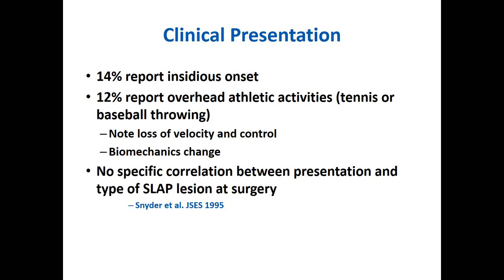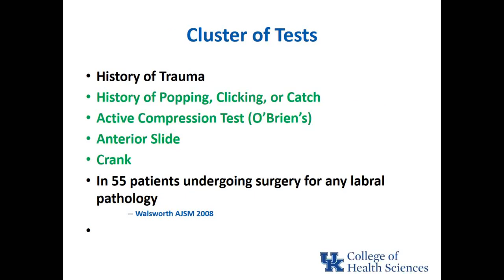So as you go through the examination for SLAP tears, the orthopedic surgeons divide these into 4 SLAPs, but our clinical tests are not that sensitive to separate what is a type 1, type 2, type 3, type 4 SLAP. So basically you're looking to see if there is or is not some kind of labral pathology in your examination.